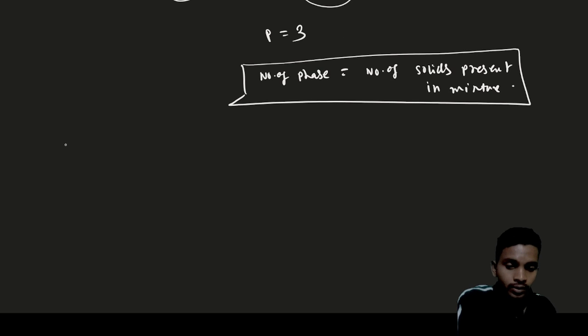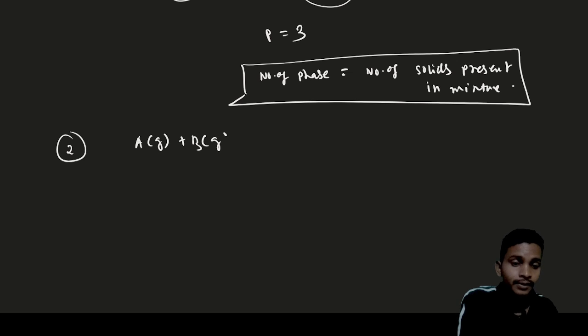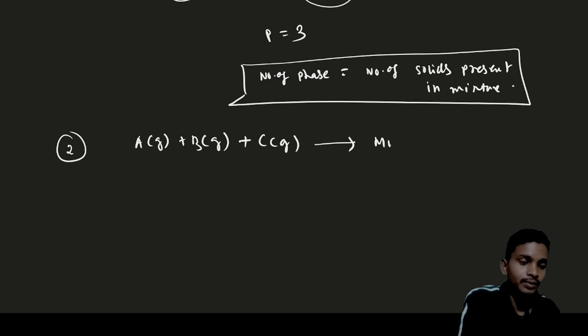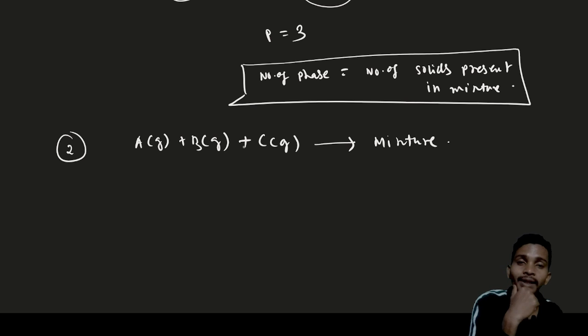Okay, and we will discuss that second rule. Like we take the solids, let me take the gases. Let's say A gas plus B gas plus C gas, that will give one mixture. Now if I ask how many phases are there, with our naked eyes we cannot see the gas.